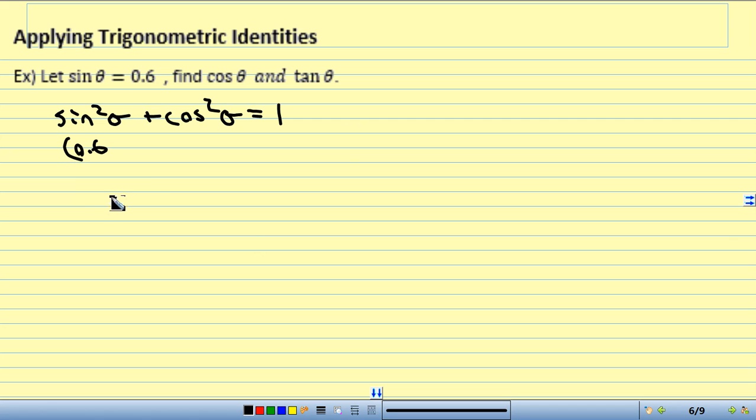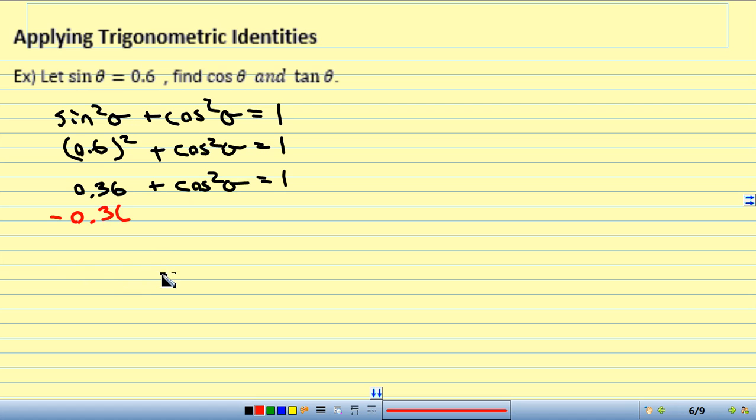So 0.6 quantity squared plus cosine squared theta equals 1. 0.36 plus cosine squared theta equals 1. Subtract 0.36 from both sides.